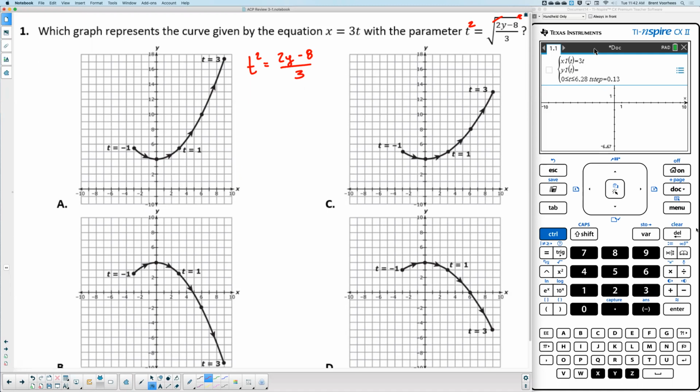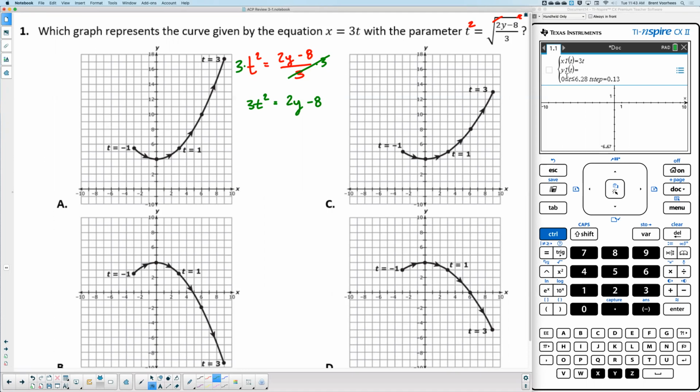Now the next opposite, I'm trying to get the y by itself. What about this division by 3? What's the opposite of that? Multiply. So we're going to multiply by 3. That cancels there, and so I now have 3t squared equals 2y minus 8.